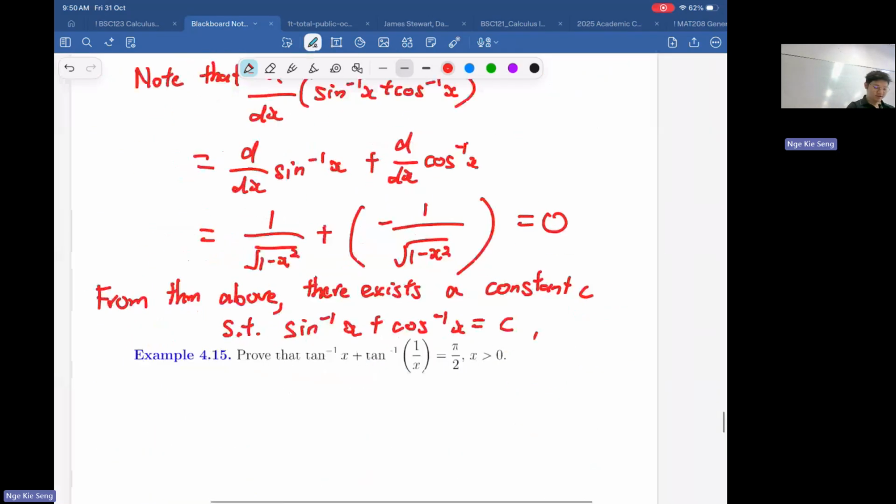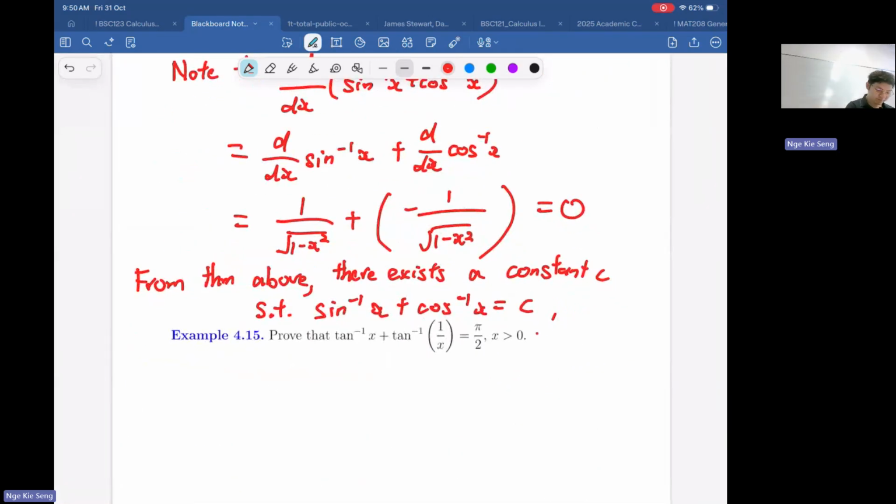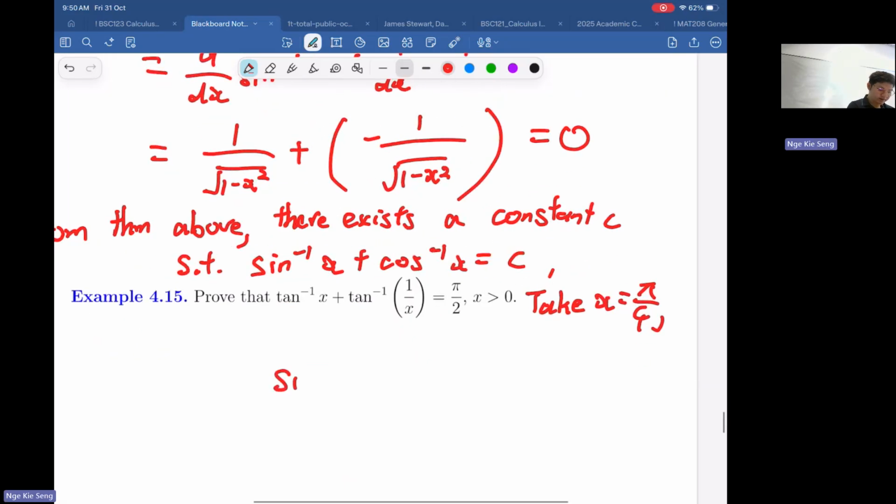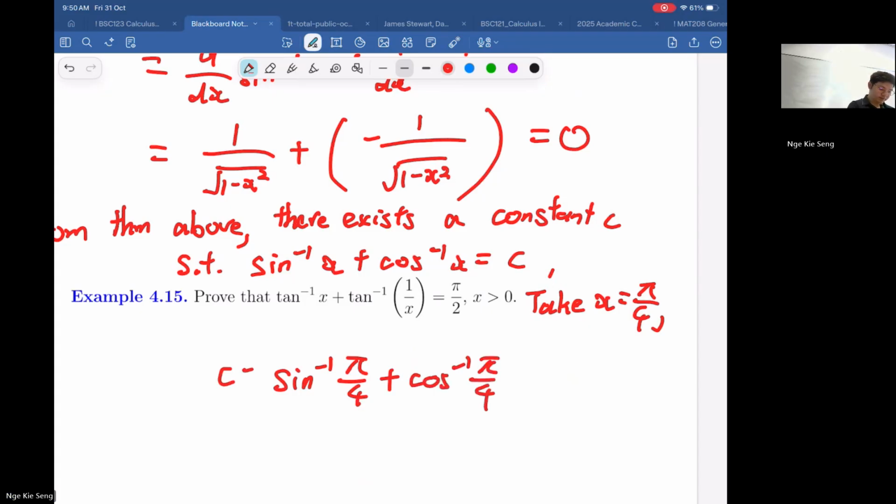So let's see. Take x equals to pi over 4. And then what is sine inverse of pi over 4 plus cos inverse of pi over 4? Pi over 4 is 45 degree. So what is the sine inverse of 45 degree?